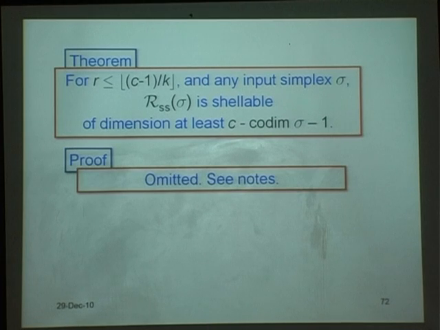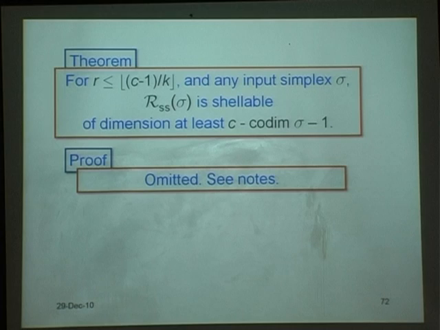And mercifully, I'm not going to go through the proof because it's exactly like what you saw, except that we have two levels of union, and so it's a lot of chasing through the partial orders and total orders and showing that things are shellable and so on. There's nothing particularly different from what we did. There's a lot more of it, and it would take some time, and I don't think it would be very enlightening. But it's in the chapter notes on the web page.